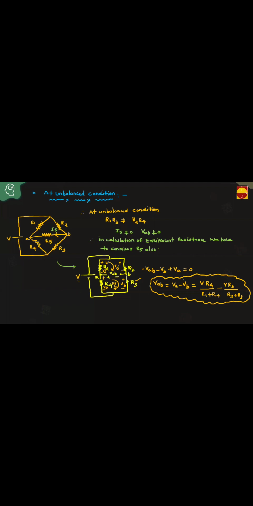Positive to negative, minus VB dash. Negative to positive, plus VAB. Negative to positive, plus VA dash, equal to 0. Then from this, what is VAB equal to? VB dash minus VA dash. You can get the same answer.